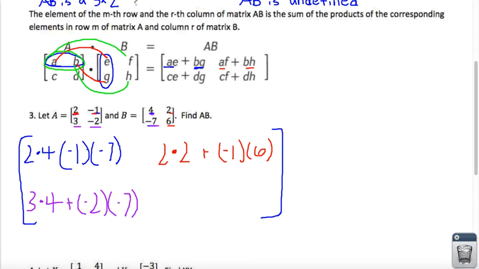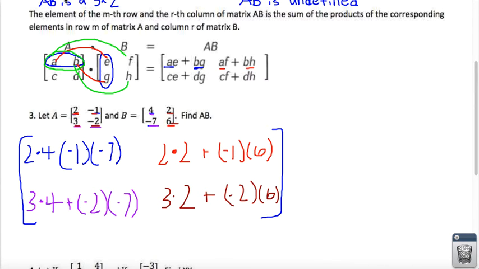And then for the last entry, it's the second row of A again, second column of B, so 3 times 2 plus -2 times 6. And then I would just simplify all of this.